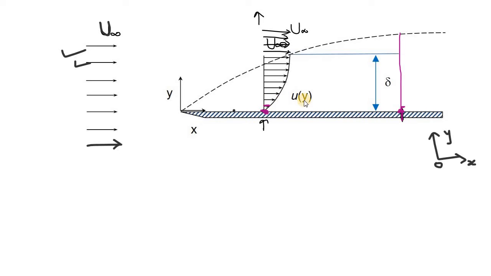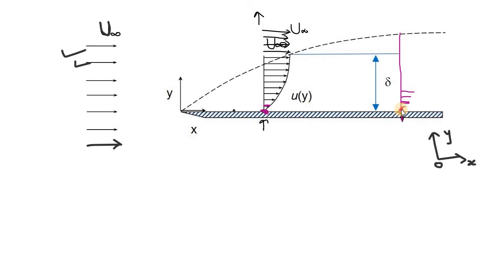Similarly, the next layer will have a little lesser velocity than it was having here. So ultimately this is having a lesser velocity, but this velocity will be more than the velocity of the previous layer. Similarly, the next layer will have a little more velocity, and so on.